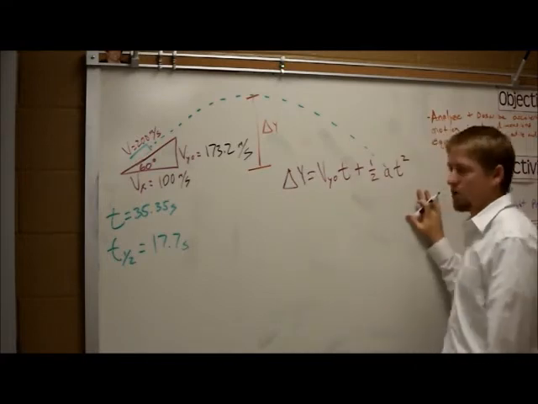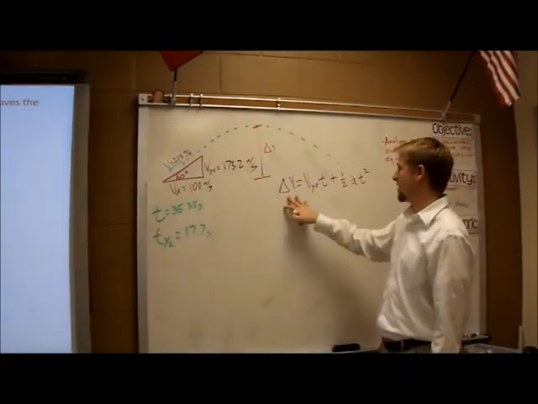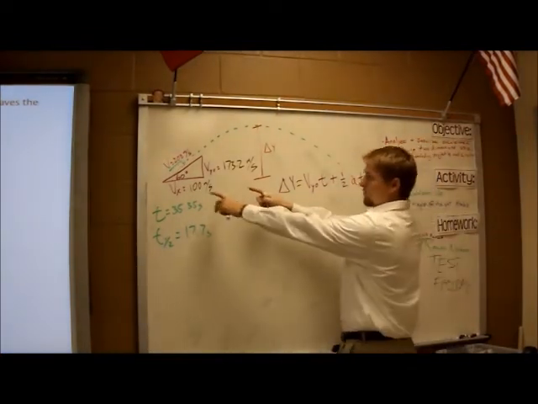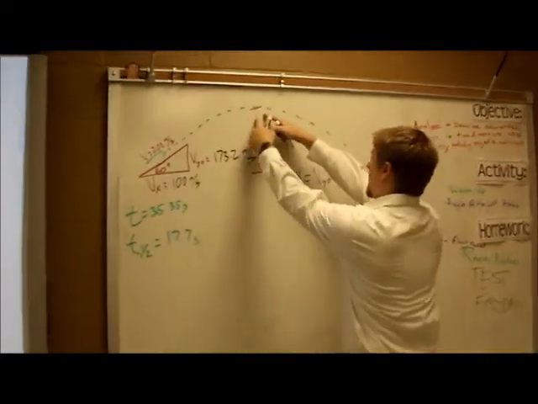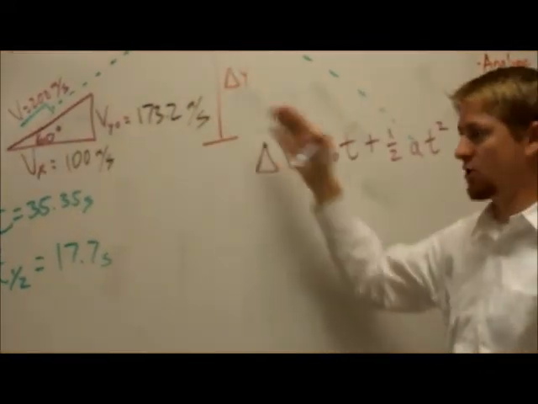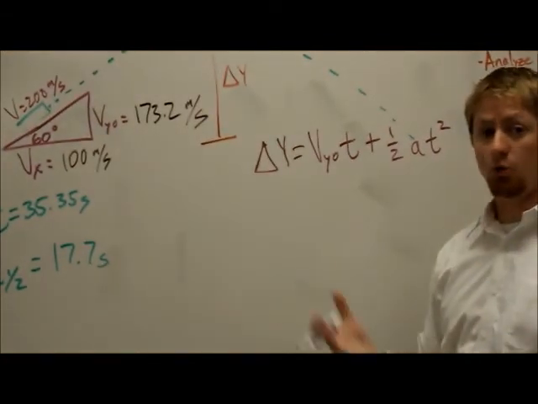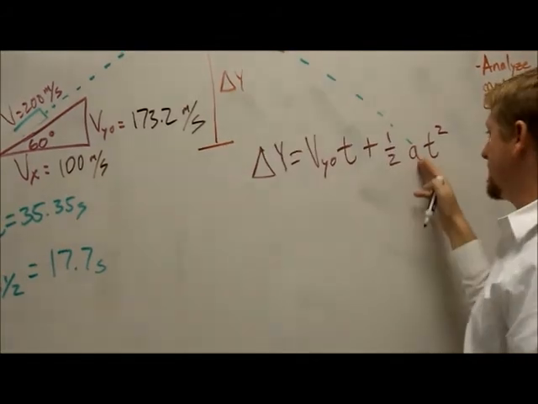All right, here's our formula. We're going to solve for delta y. Does it matter if we find from here up to the top, or from the top down to the bottom? It doesn't matter, right? This is the same distance either way. To make it easier on ourselves, why don't we just solve from the top? We'll pretend we're halfway through the trip.